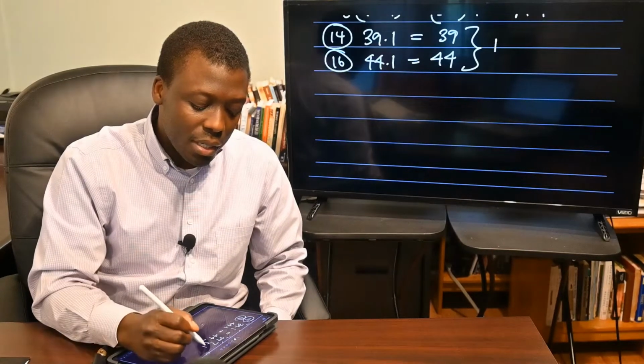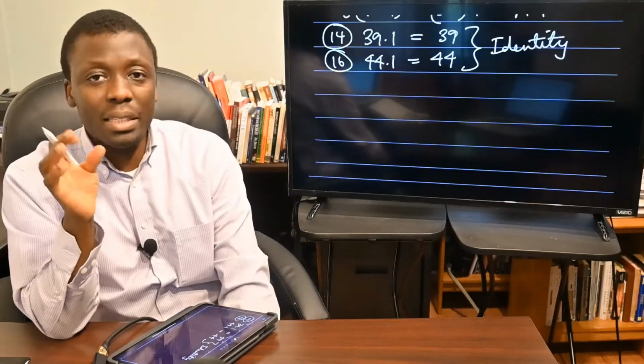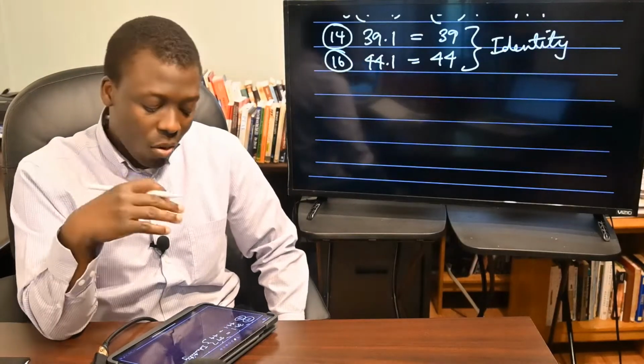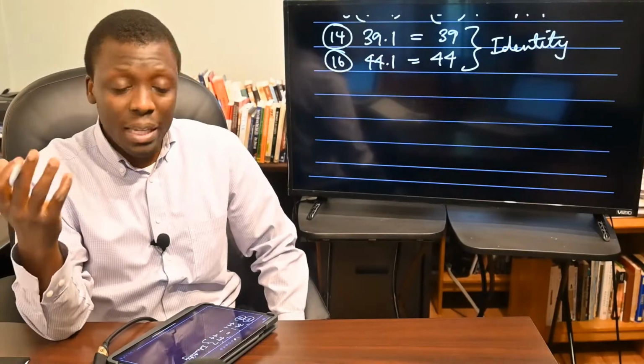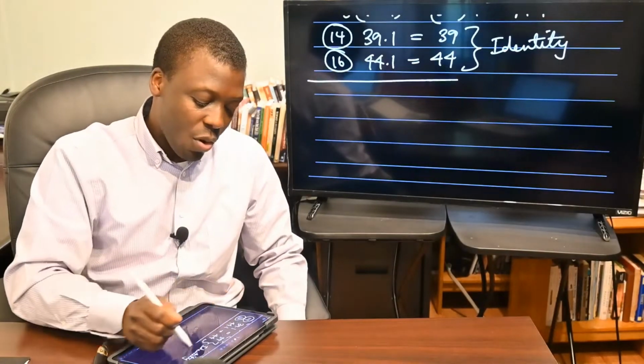Both cases are dealing with the identity property. Your book mentions it slightly differently. They say the multiplicative identity property, or I say the identity property of multiplication. That's fine, you can use that for this section.